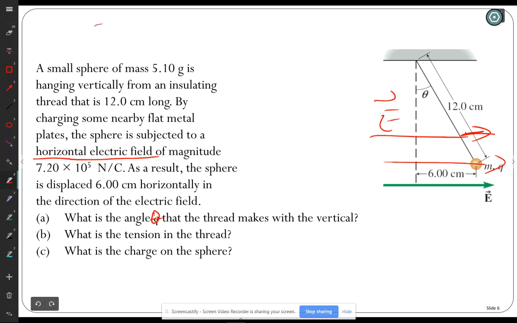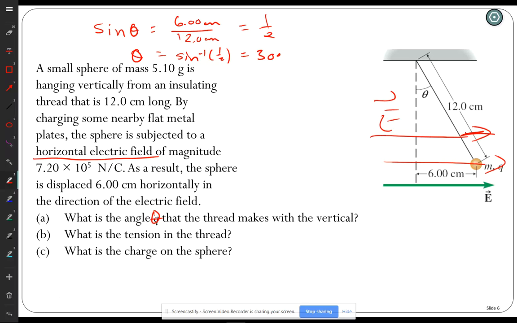Sine. So I'm going to have sine of theta is equal to 6.00 centimeters over 12.0 centimeters equals 1/2. Well, most of us know that gives us 30 degrees. That was straight trig. There was no physics in part A.